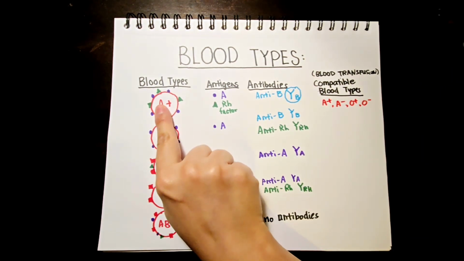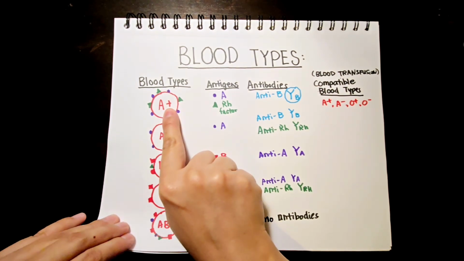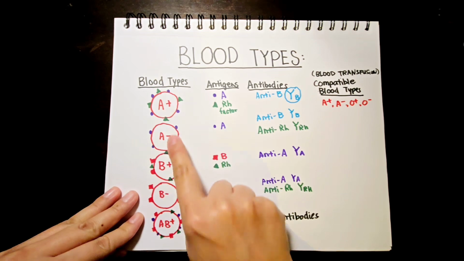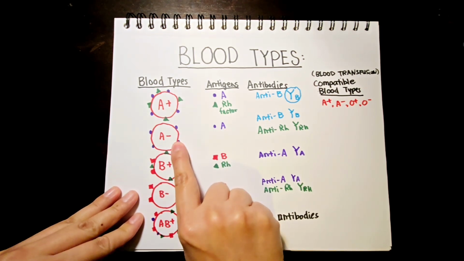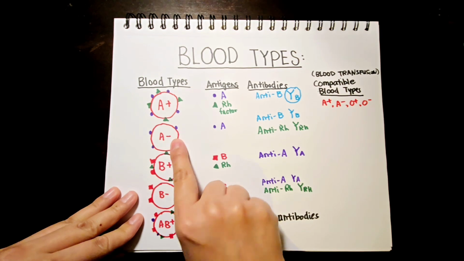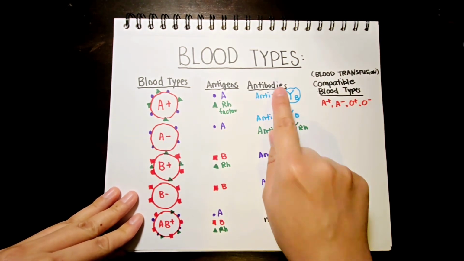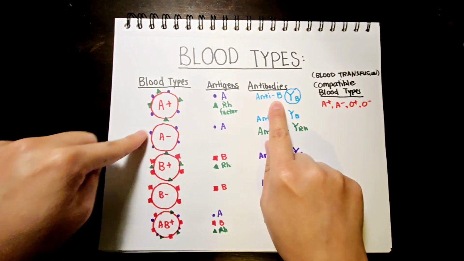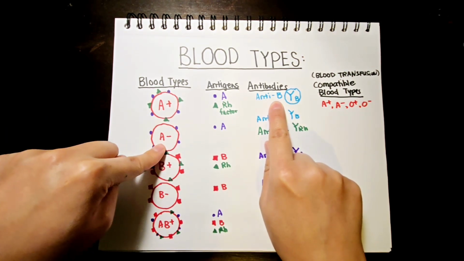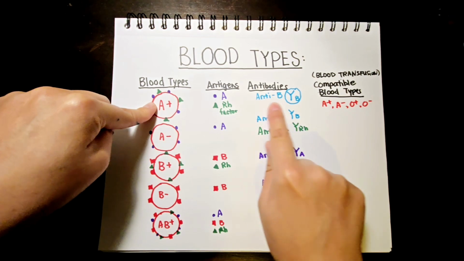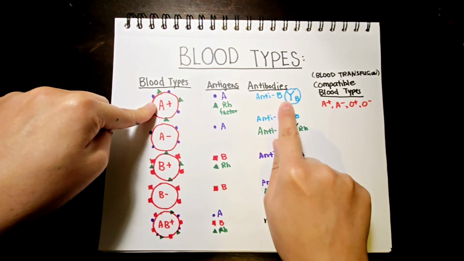Look at A positive: of course, you can have A positive blood type because you have all the same surface antigen. For A negative, yes, they don't have RH factor, but there are also no antibodies in this person that go against RH factor. So even though they don't have RH factor, giving this A negative blood type to this individual will not be a problem because there are no antibodies against RH.